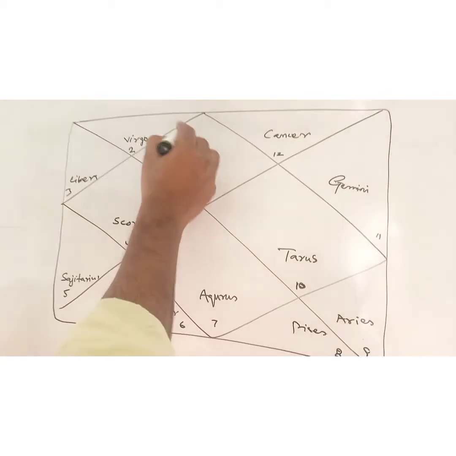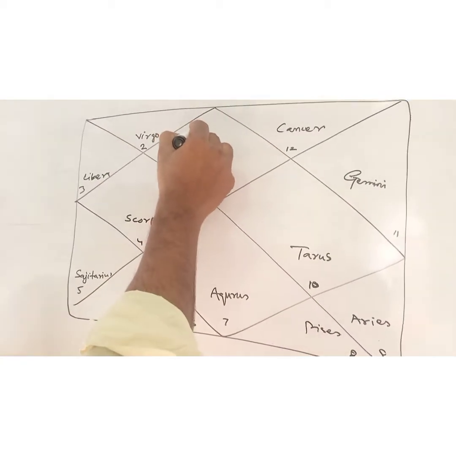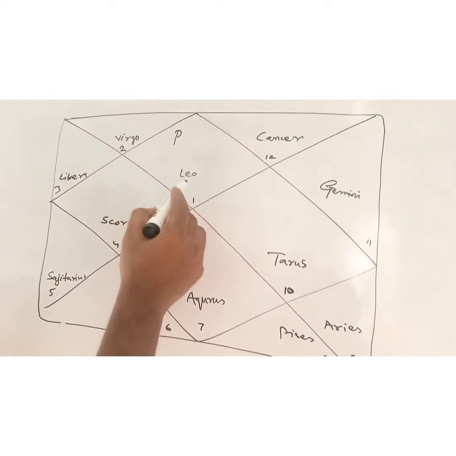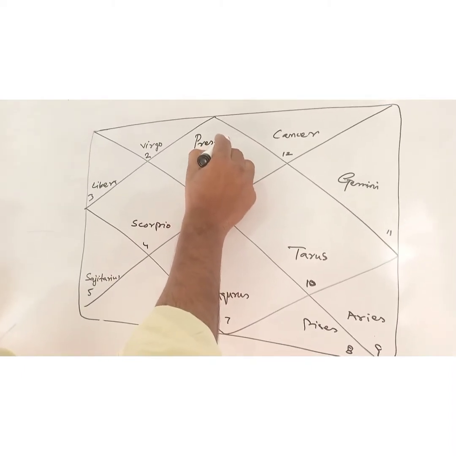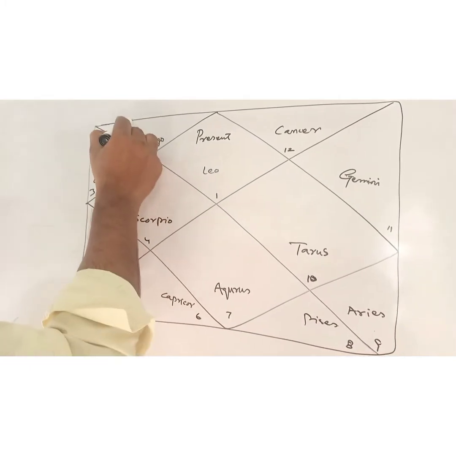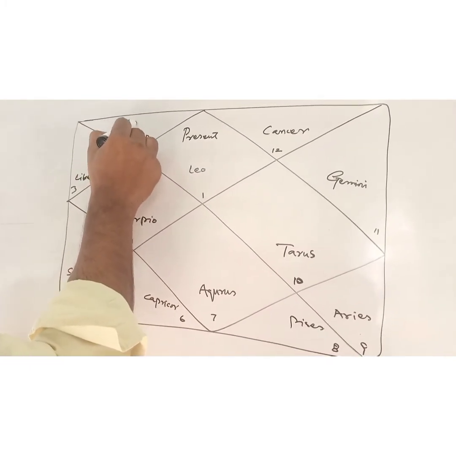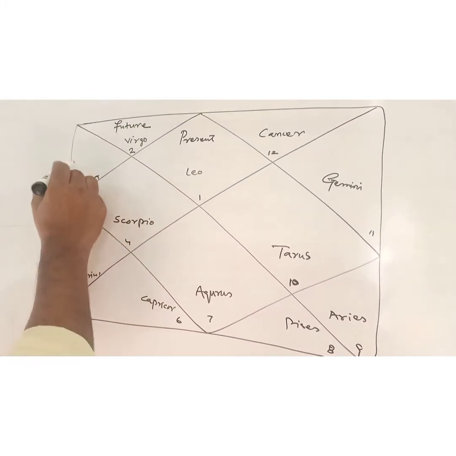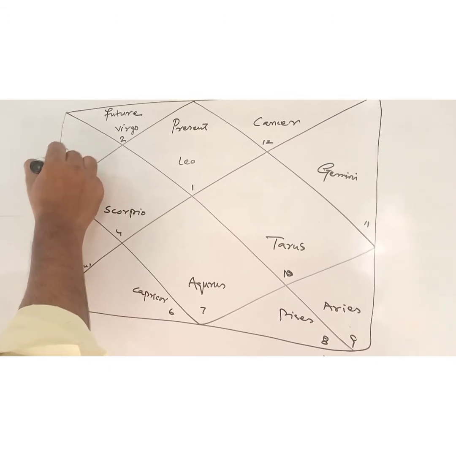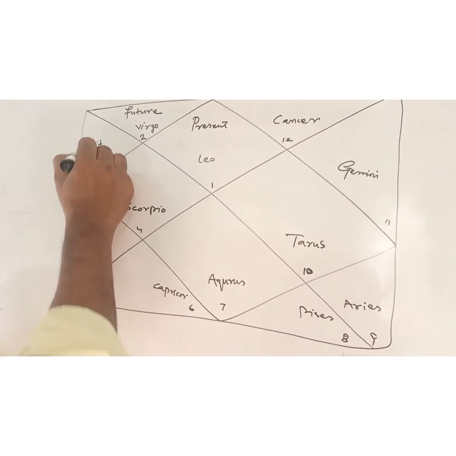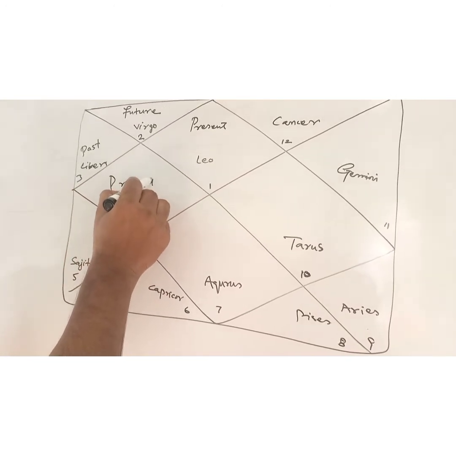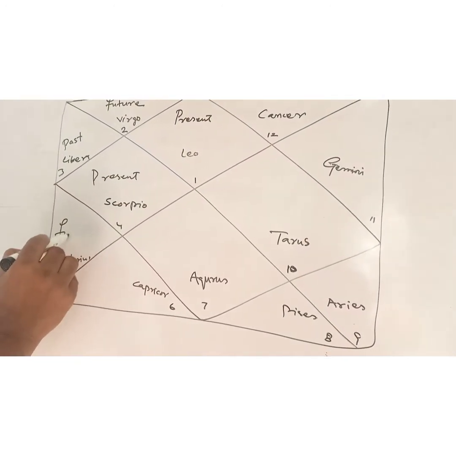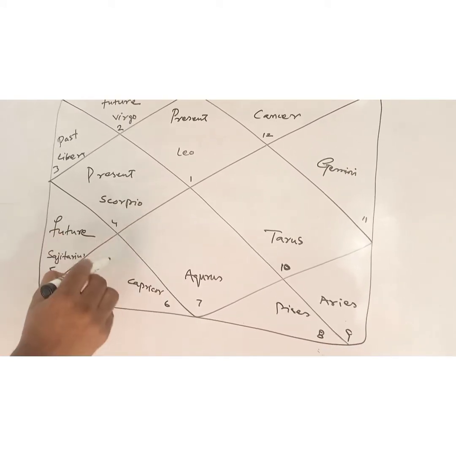Now Leo is the present of this person. This person's present. And this is future. This is past. Present, future, past.